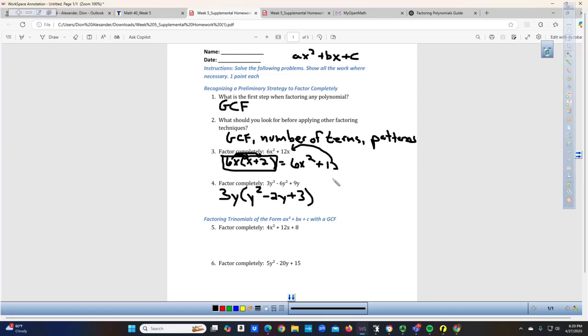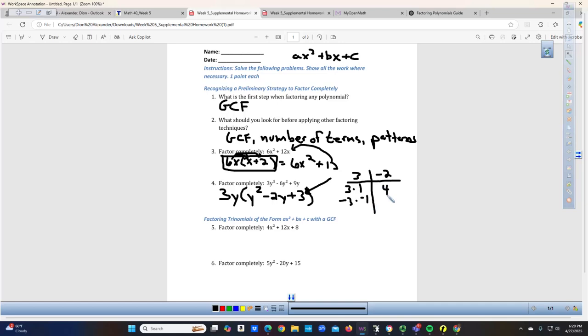So anytime I have a trinomial, the first thing I want to do once I take out my GCF is look at the c term, and I want to say, okay, are there factors of positive 3 that will give me a difference of negative 2 when I add them or subtract them, right? So for positive 3, the only way you're going to get that is 3 times 1, or you can say negative 3 times negative 1.